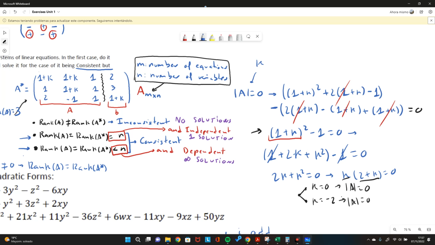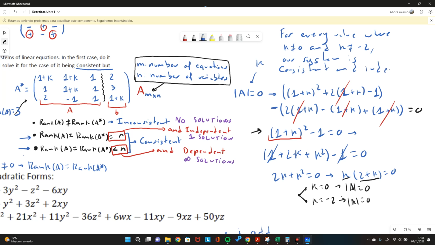And so for every value where k is different from 0 and k is different from minus 2, our system is consistent and independent.